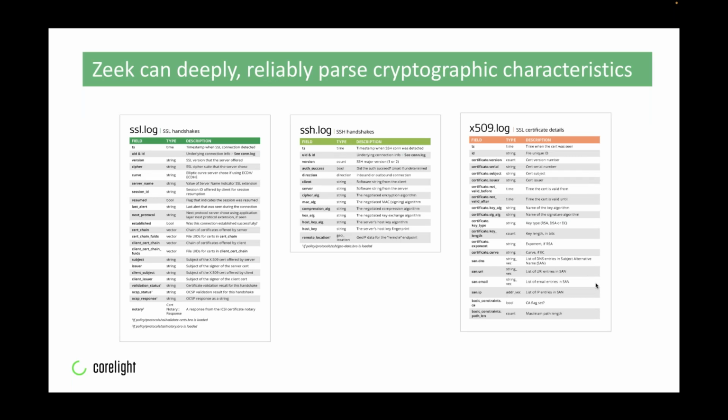Now, of course, within that, there are some expected logs that you would see in those everyday approaches. So ssl.log, which relates to historically SSL and now TLS. As you can see there, I appreciate it's in pretty small text, but a huge amount of information relating to the certificate.